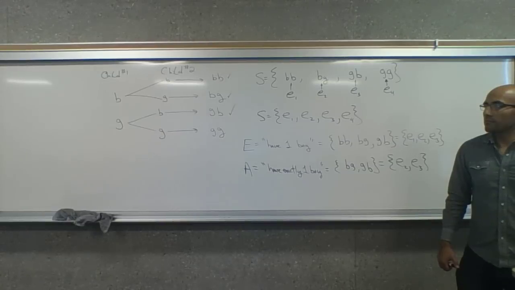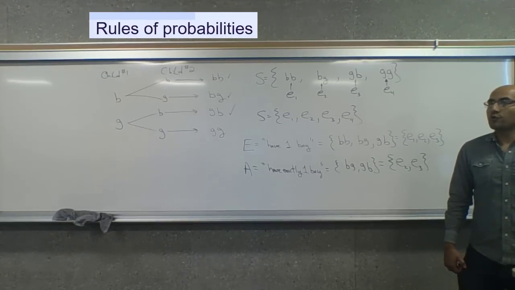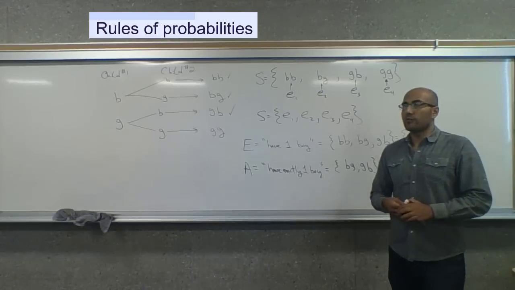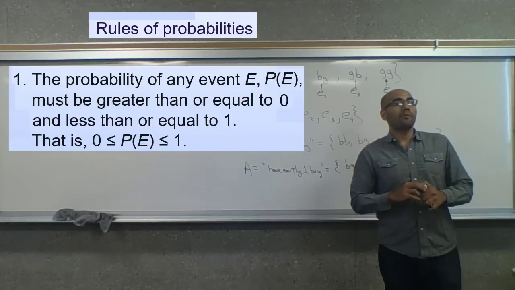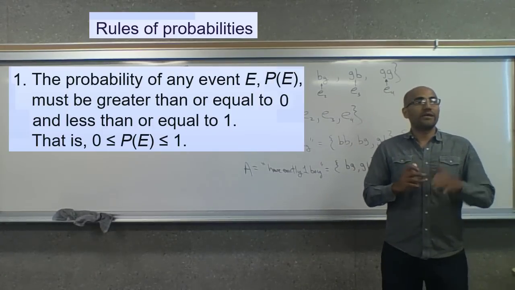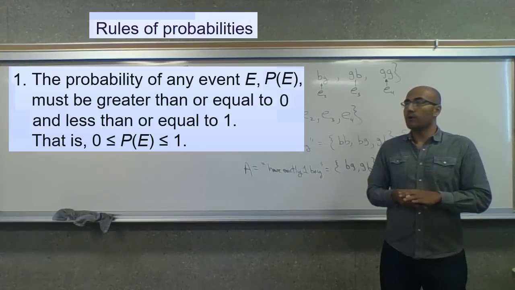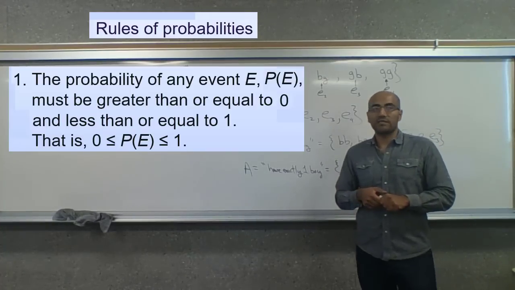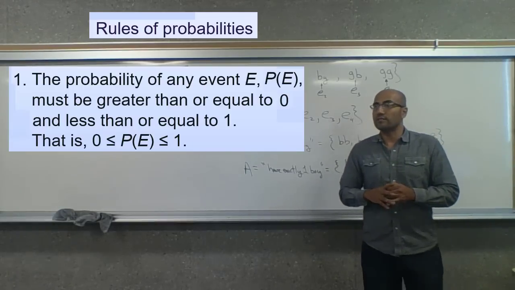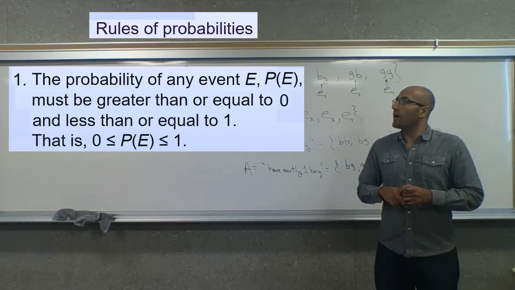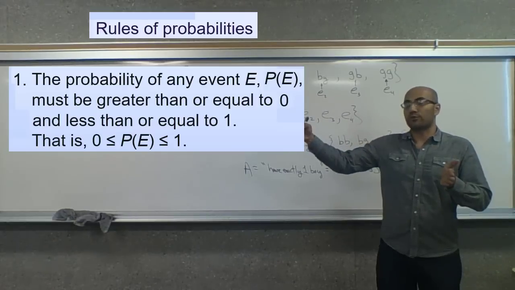Right, so there's our sample space. So we need some rules for probability. Two main rules we have to keep track of when we're dealing with probability. Rule number one is that all the probabilities have to be values between 0 and 1, inclusive of 0 or 1, right? That's their decimal representations. Or if you're going to write them as percentages, then they have to be a probability between 0 and 100%.